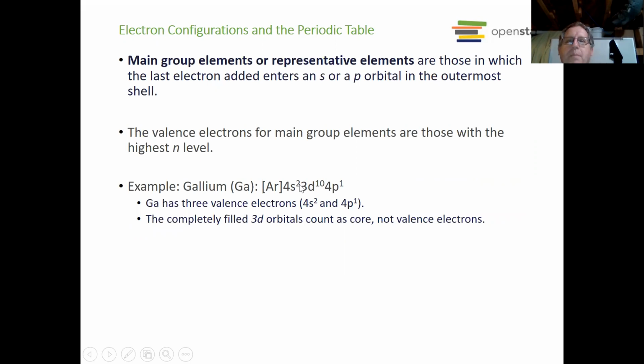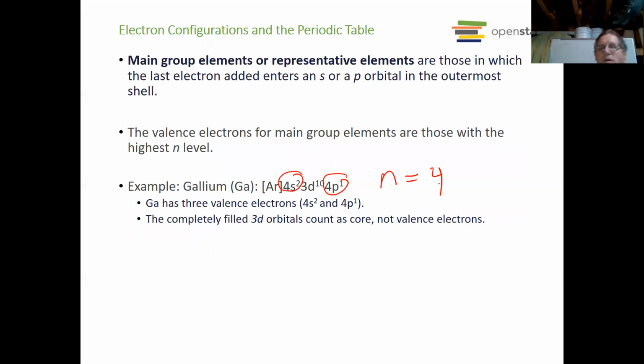Main group elements are those that have the s or the p, and the valence electrons for main group elements are those with the highest level of n. Sometimes you're going to see this written: gallium has argon 4s2 3d10 4p1. The 4s and the 4p both have n equals 4.